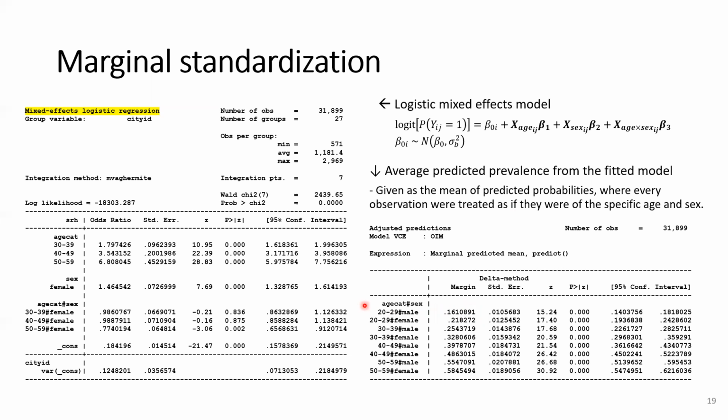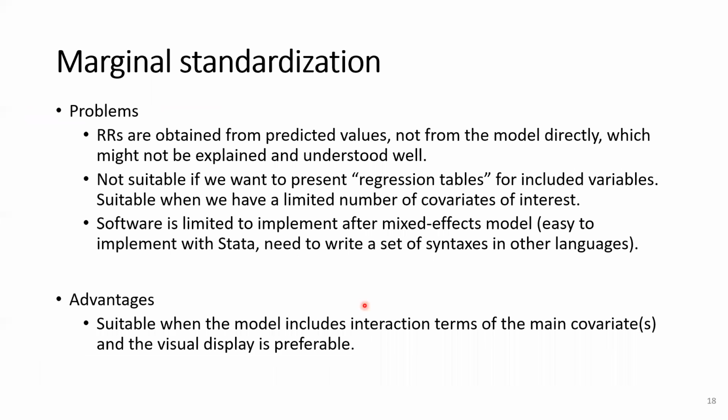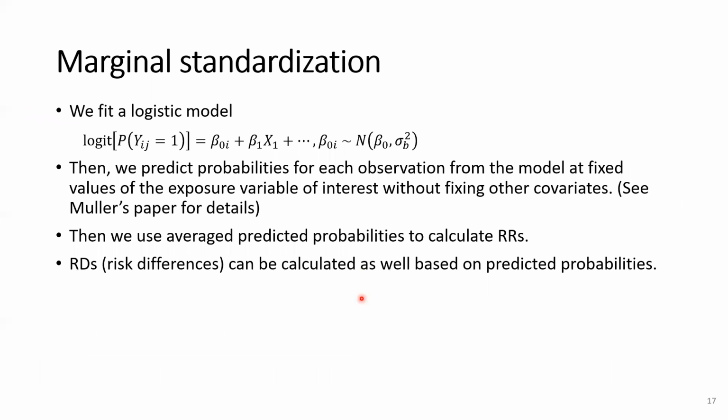So now you can see what I want to say. Somehow it's difficult to explain the method in detail. If you have a question about it, you can go to this paper, Mueller's paper, which explains what I mentioned better, and you can find the reference at the end of this presentation.